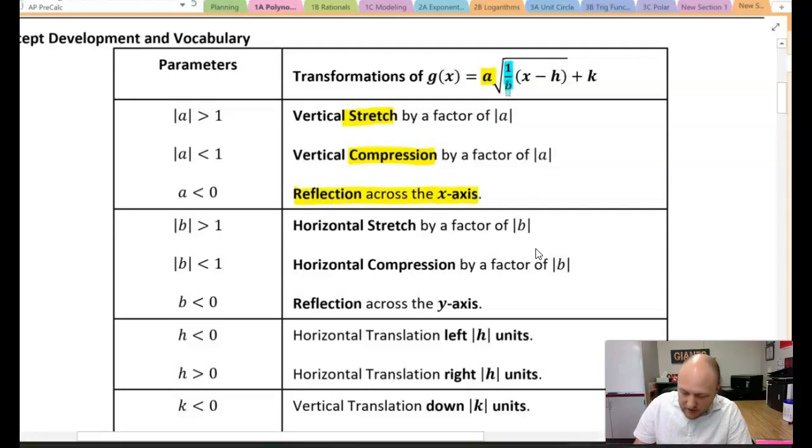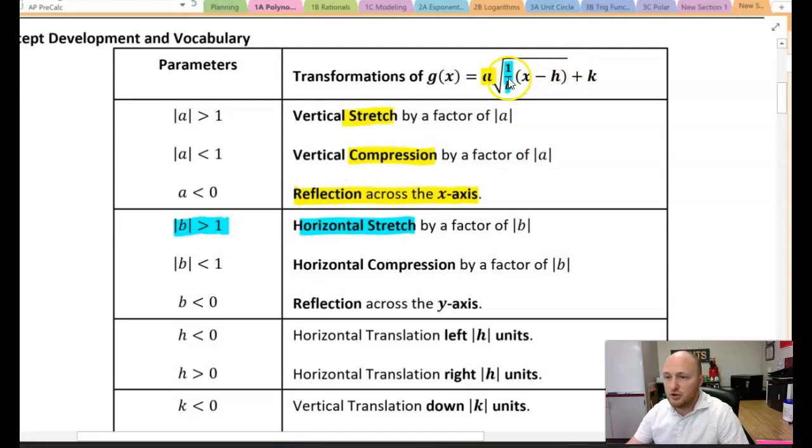Now, your B value or your 1 over B value, however you want to represent it, remember that this is really the opposite effect, and it's paired with an X value, which should make sense. This is going to be underneath your radical symbol. So if you see a 1/2, then your B value is 2, and you have a horizontal stretch by a factor of 2.